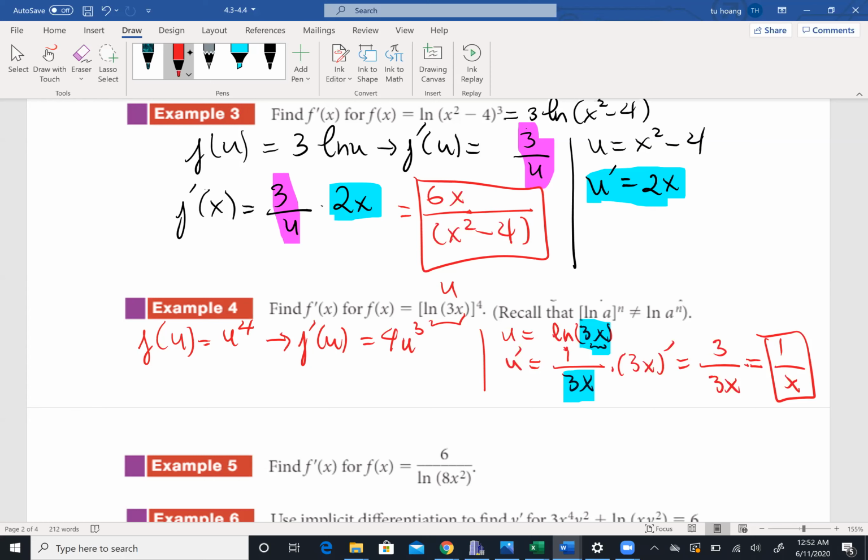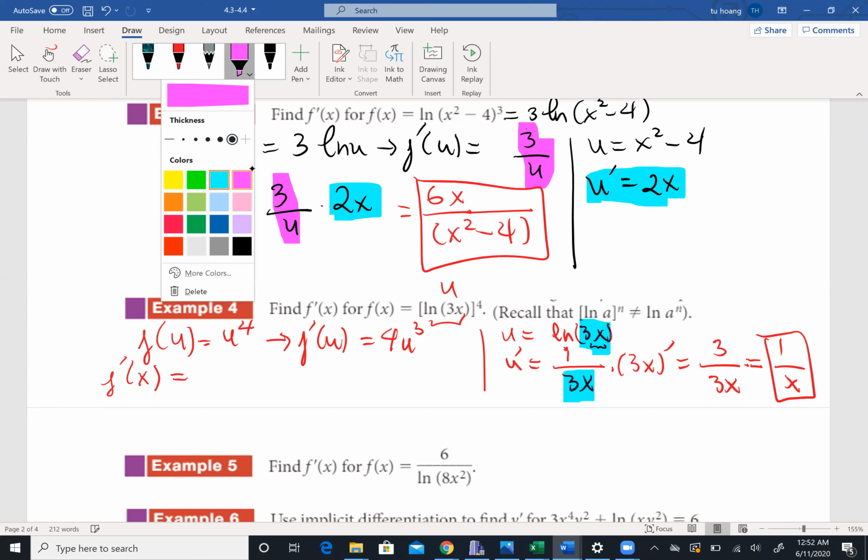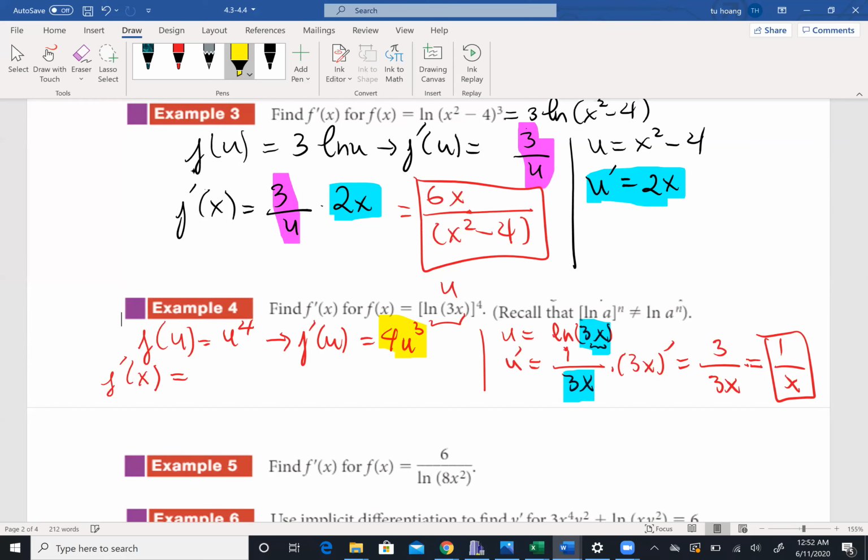So now you need to find f derivative of x, and let me change the color, you can make it become 4 times u to the power third. U in here is ln of 3x.